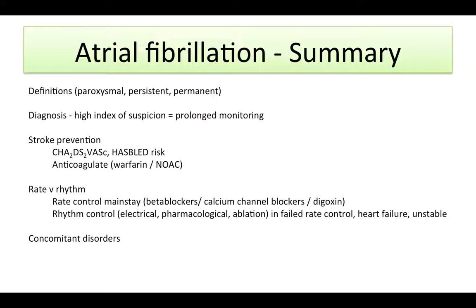I've gone through stroke prevention and the importance of stroke risk assessment using the CHA2DS2-VASc score, as well as assessing the bleeding risk and addressing any factors that can be controlled.